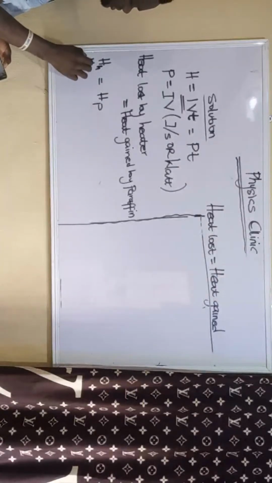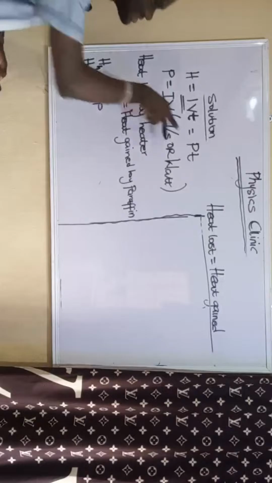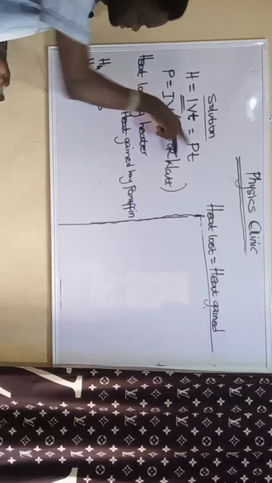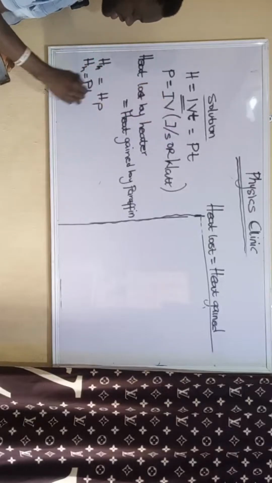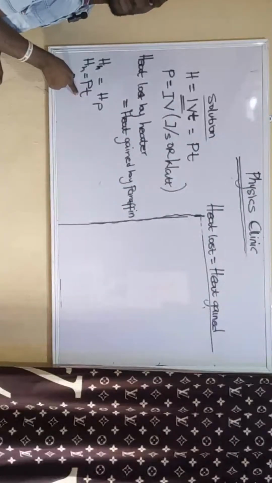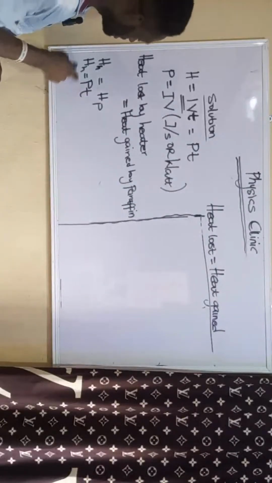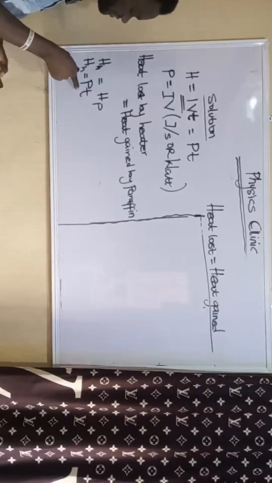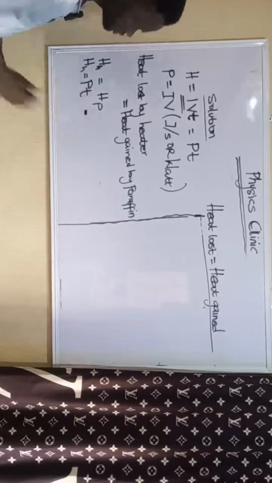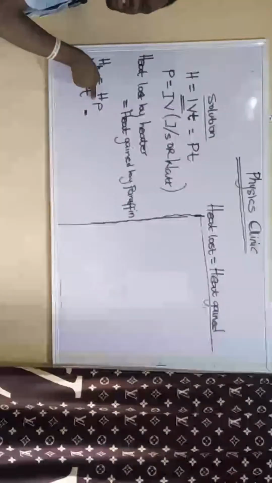The heat that was lost by the heater is given as PT, the power times the time. All of this must be equal to the heat gained by paraffin.